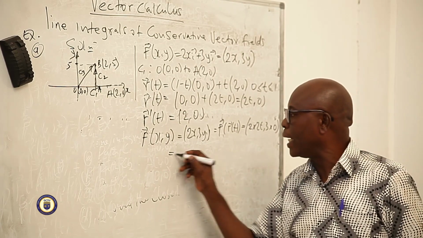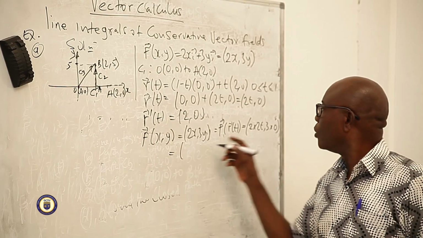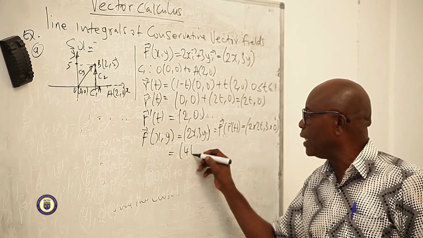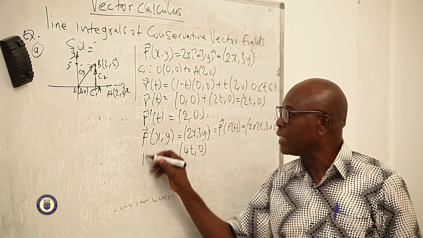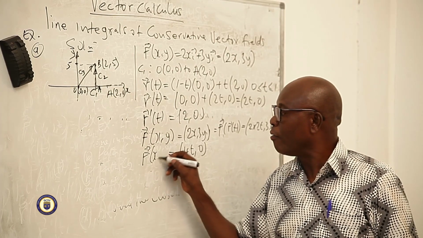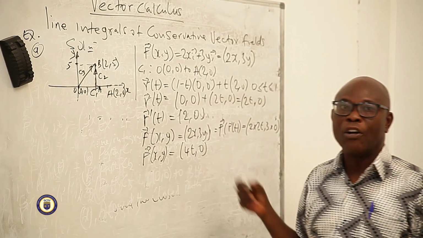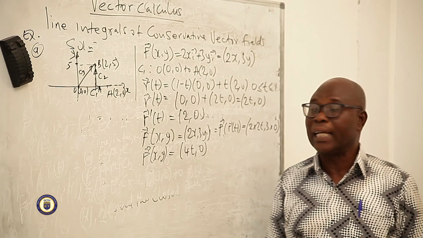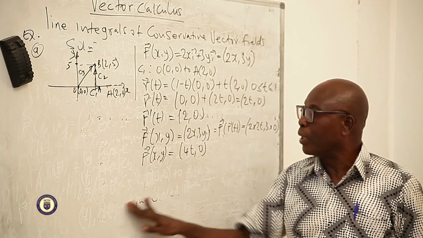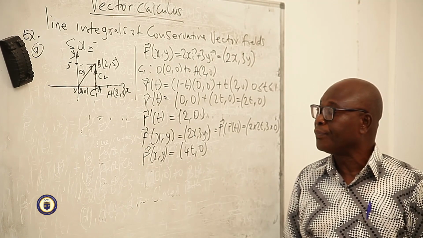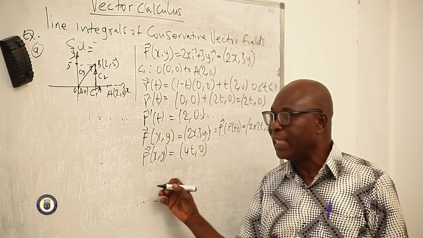When we tidy up, we have 4t and 0. And that gives us the vector field along the parameter r.